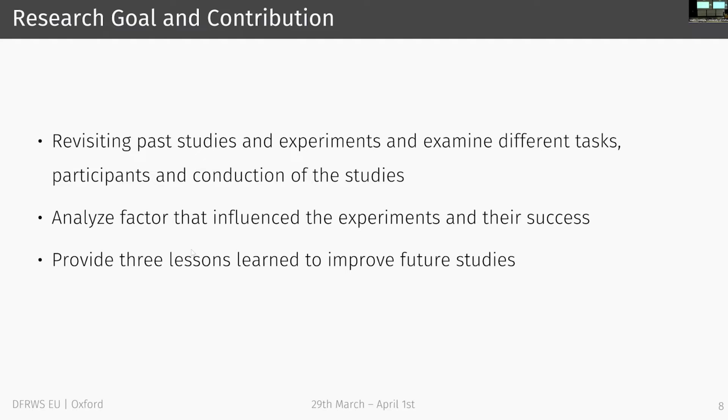We examined the different task descriptions, the participants, how the studies were conducted. We analyzed the factors influencing the experiments and their success. And we derived 3 lessons learned, which we want to share with you in case you want to do some experiments on evidence tampering in the future.